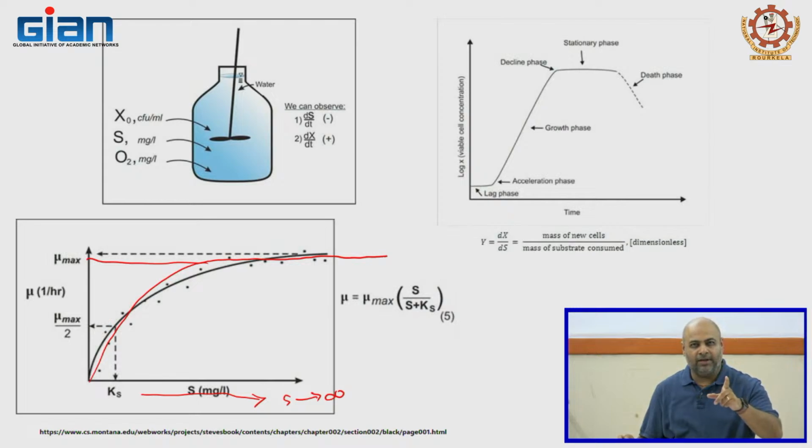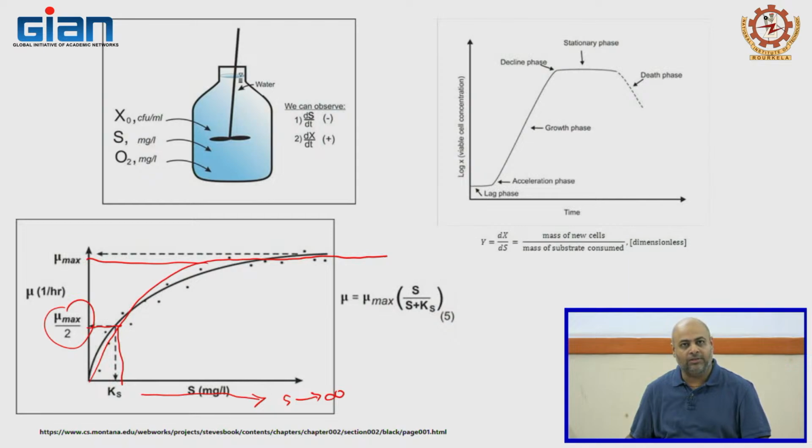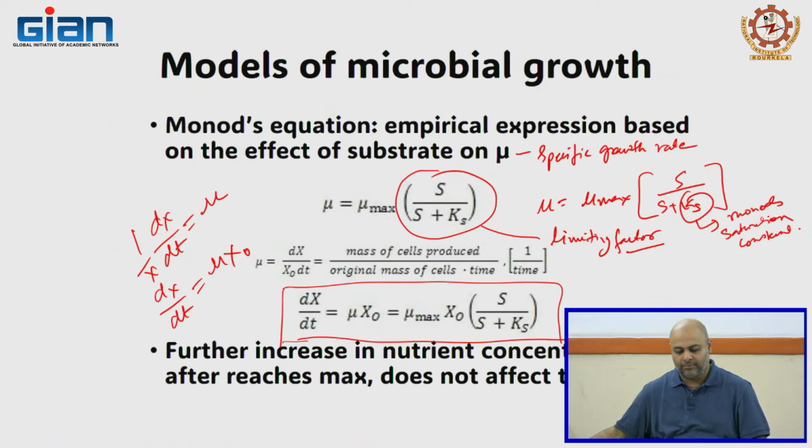And if you remember your Michaelis-Menten constant from your enzyme kinetics, the same thing is used here. So, the half of mu max, mu max by 2, is your K S, the Monod saturation constant. Clear till now? Any questions? These are the basics. If you have already done that, I am sorry, I am going to repeat it anyway.